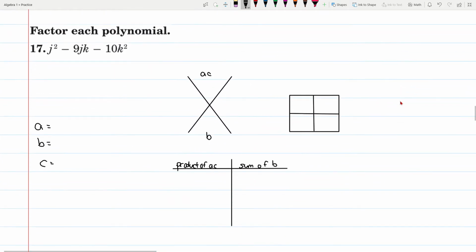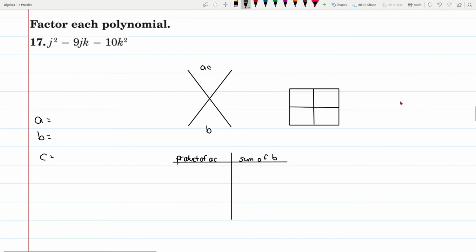One last factoring. A little bit different because we have a j squared and a jk and a k. And so let's go through it. We're going to have our a equal to 1.